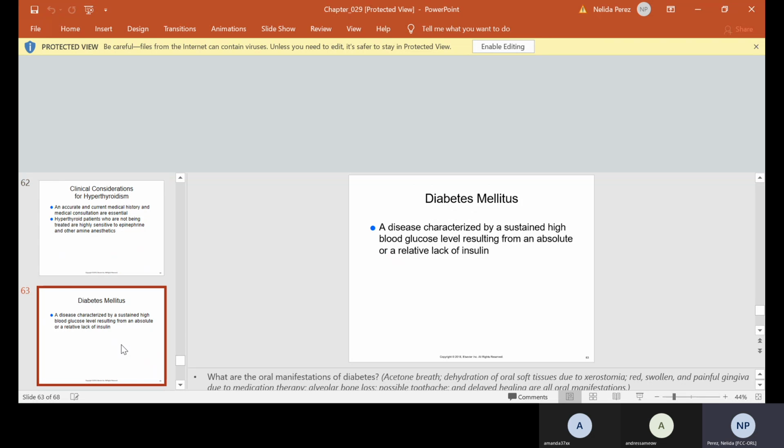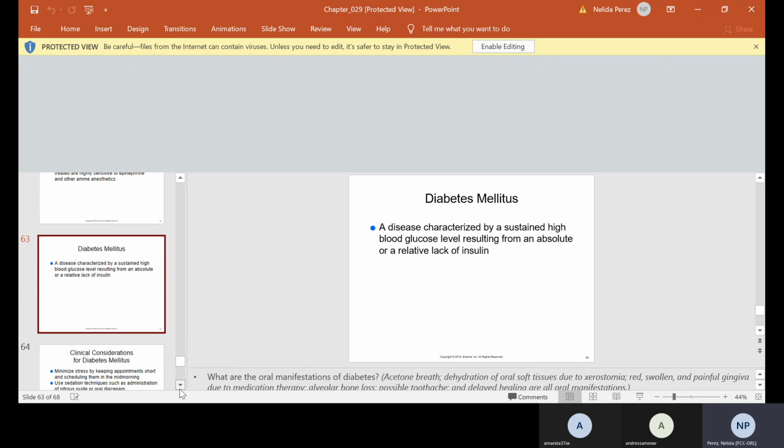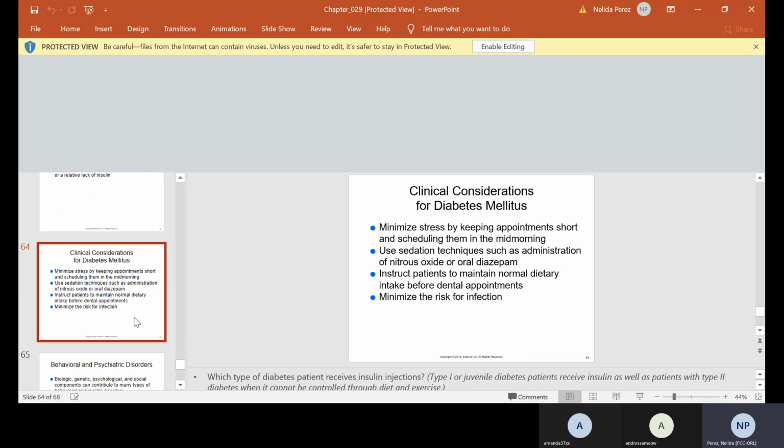Diabetes mellitus. It's a disease characterized by a sustained high blood glucose level resulting from an absolute or relative lack of insulin. And clinical considerations, minimize stress, short appointments, schedule them in the morning, use sedation techniques such as administration of nitrous oxide or oral diazepam.